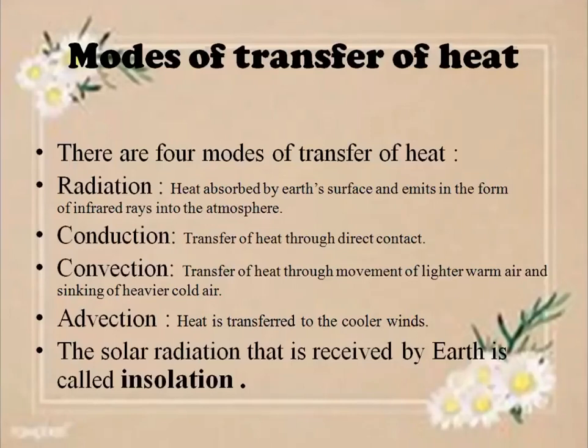Convection, in which the transfer of heat through movement of rising lighter warm air and sinking of heavier cold air. And in advection, when warm winds meet cooler winds, heat is transferred to the cooler winds.